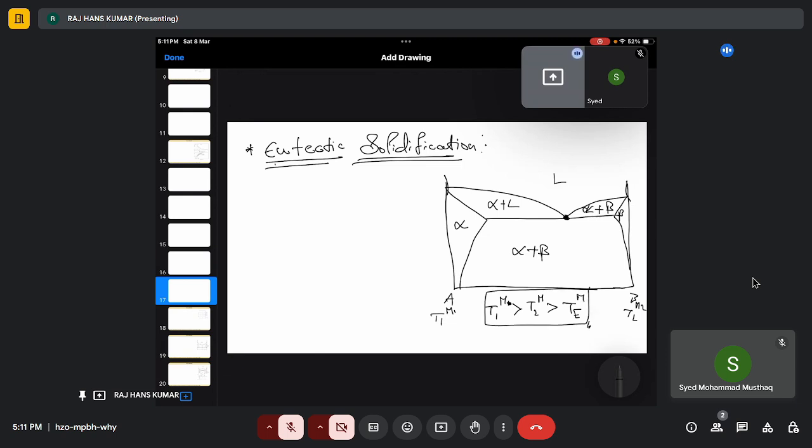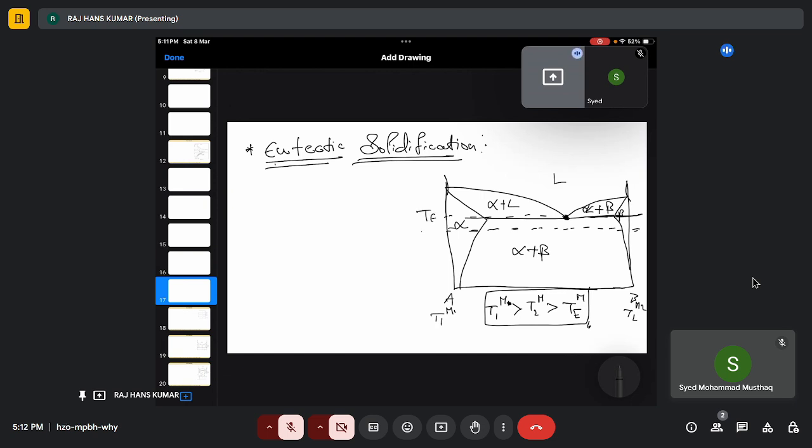That means the lower melting point, right? So that is what we've seen. Now let's just recall what we did in phase diagrams. I'm going to draw the phase diagrams at these two different temperatures, because we are going to use the phase diagrams here again, to make it more understandable.